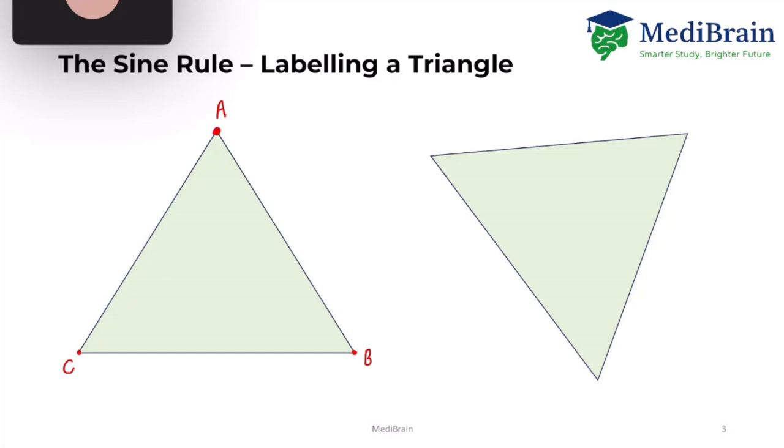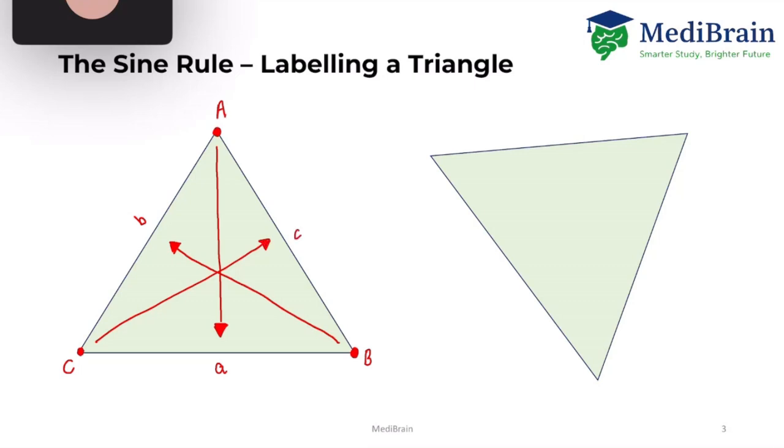This one over here is capital A, so the side which is opposite it is going to be lowercase a. We're going to label this as lowercase a. Over here we have capital B, so the side which is opposite it is going to be lowercase b. We're just going to label it as lowercase b. And then over here we have capital C, so the side which is opposite it is going to give you lowercase c.